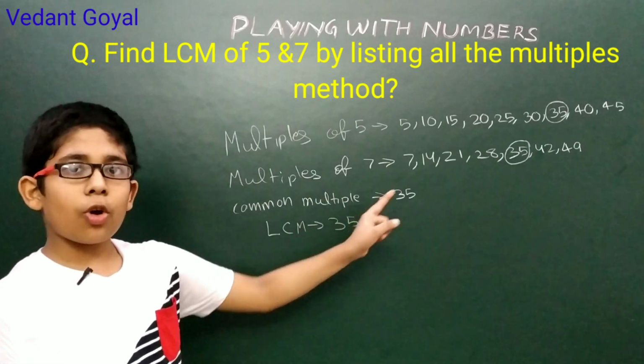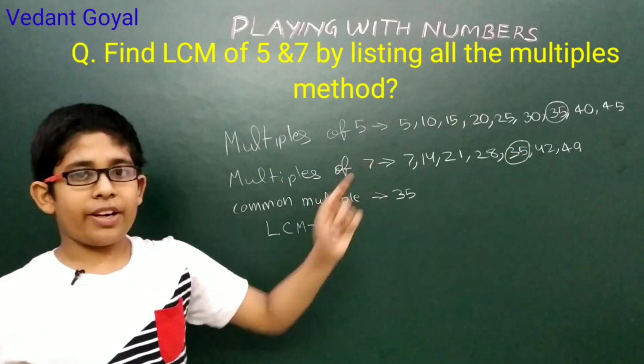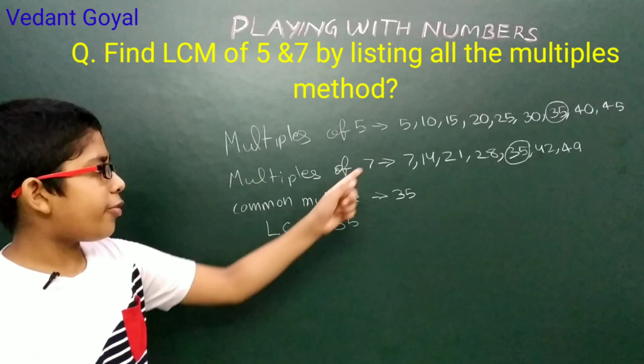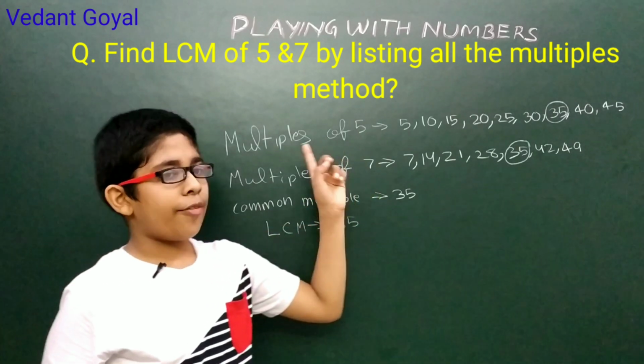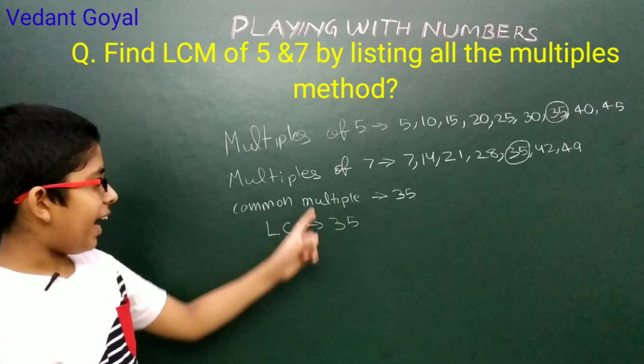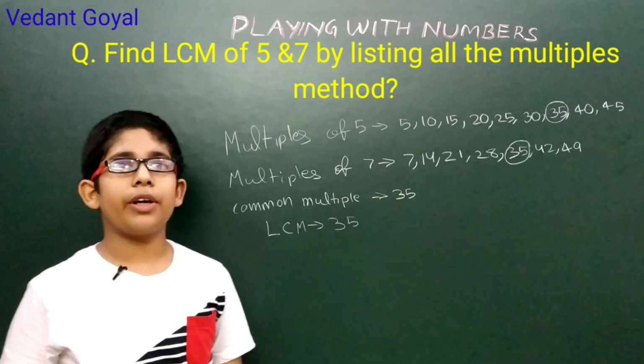There can be more common multiples if we find more multiples of 5 and 7. Like if we extend the multiples of 5, somewhere we will get 70, and in the multiples of 7 we will also get 70 somewhere.